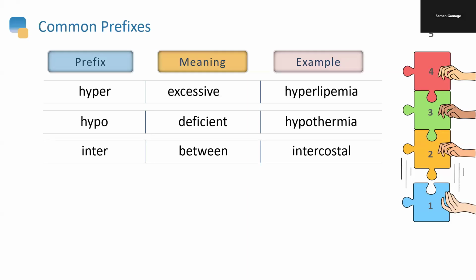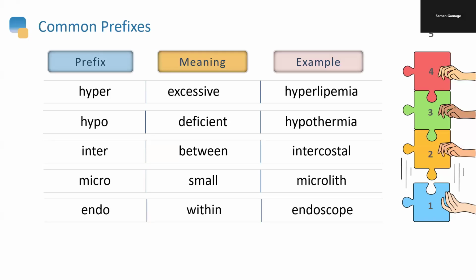Inter means between. Intercostal means between ribs. Micro is referring to small. Microlith means a small stone or small calculus. Endo is within.